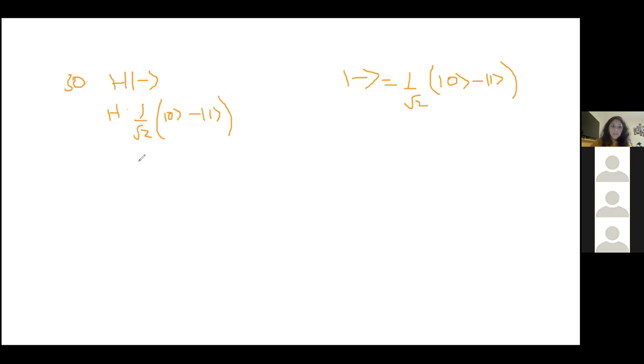So this is the same thing as saying 1 over root 2, because that's just a scalar, and applying H to 0, which by the way is the exact question that we did a couple of minutes ago, and then minus 1 over root 2 of H1. So far, so good. Basically, we're factoring this 1 over root 2 out, taking it inside of these brackets, and also applying the Hadamard gate to each of the qubits that we have.